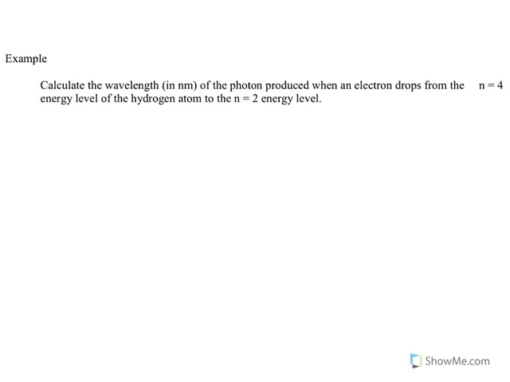There is an example. Calculate the wavelength in nanometers of the photon produced when the electron drops from the n equals 4 level of a hydrogen atom to n equals 2. We need to know the energy of level 4 and the energy of level 2. So let's go back to that.